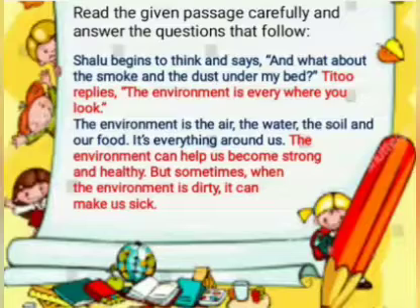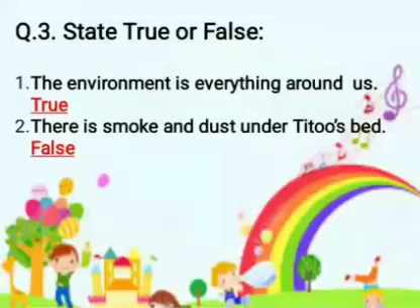So the sentence given in our question is a false statement. So you will write false in the next blank. So the environment is everything around us and it is true. And there is smoke and dust under T2's bed. It is false because dust and smoke was under Shalu's bed.